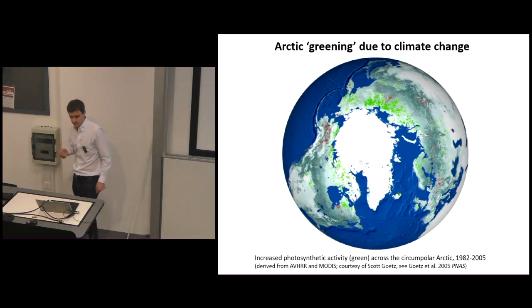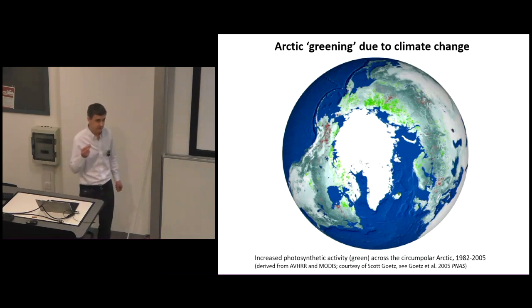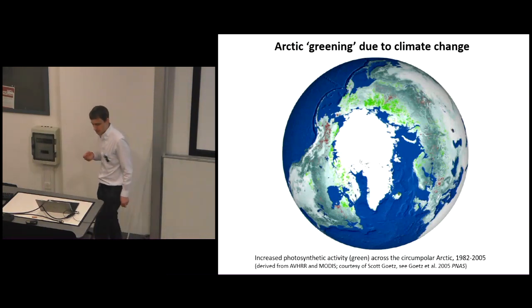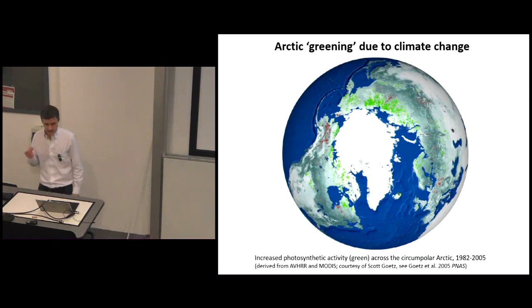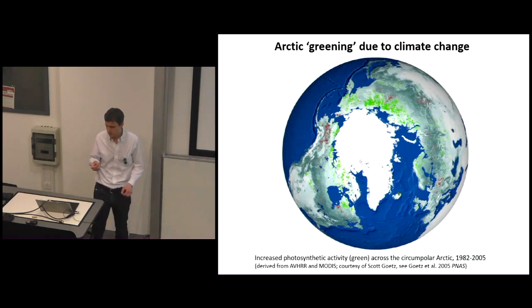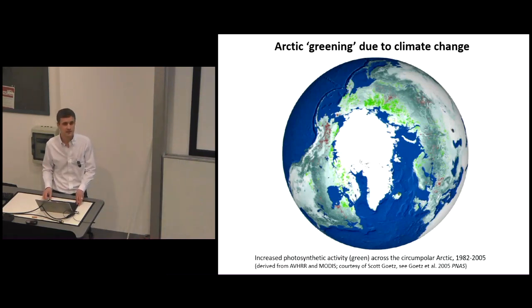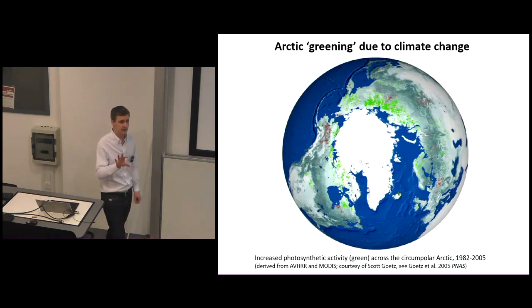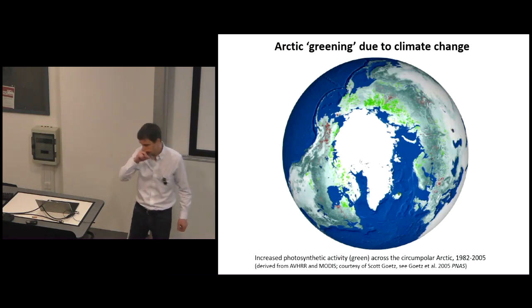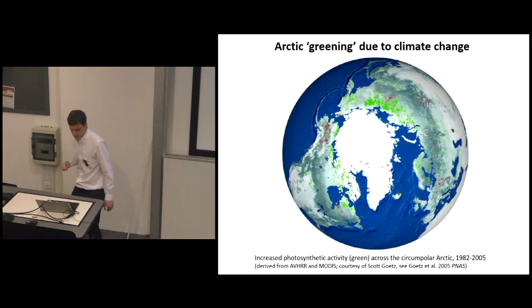In terms of predicting future impacts, this is a particularly interesting study system. Firstly, because there's some really unique biodiversity in the Arctic. I'll come on to that. Another point of interest is that the biosphere in the Arctic has a really important influence on the global climate system. Again, I'll come back to that and show that. This is an area of the world where the biosphere interacts very closely with the atmosphere and has a global influence.